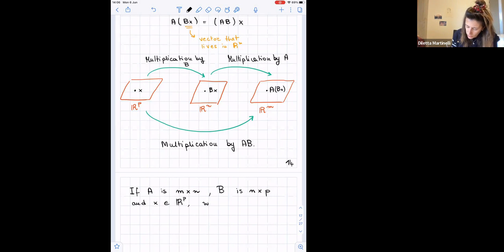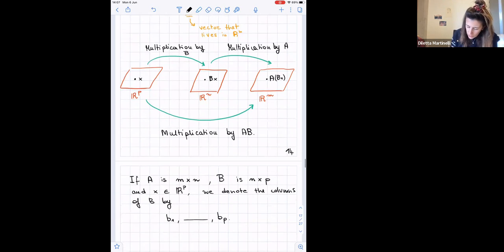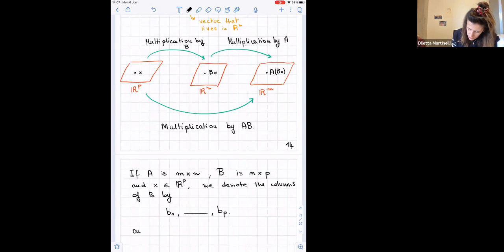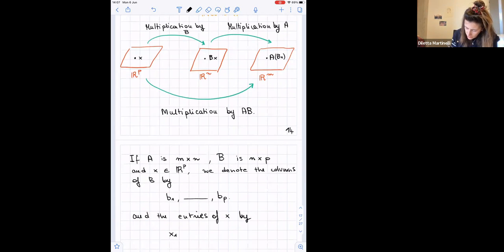And we can denote the columns of B by B1, ..., Bp. We give them some name. And the entries of x by x1, ..., xp.